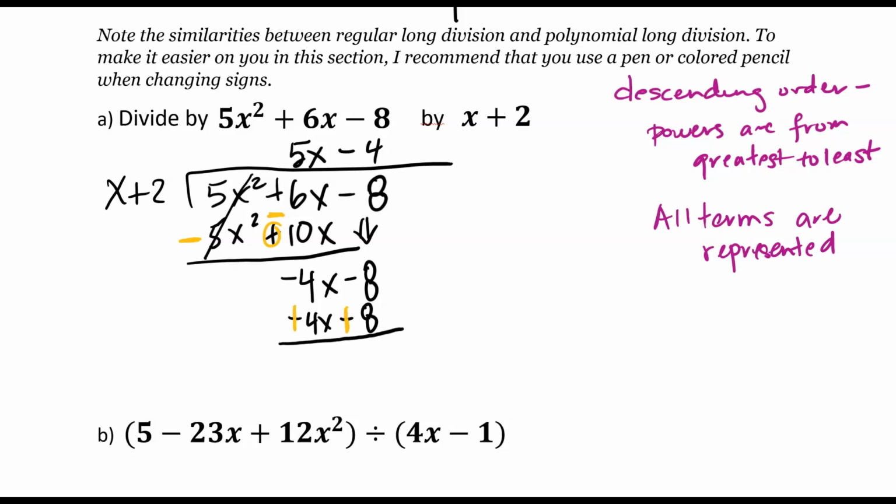So we change these signs to the opposite signs. Because if we subtract a negative 4x minus 8 and distribute that, we would get positive 4x plus 8. So that's why we change our answer to plus 4x plus 8, which gives us a 0 remainder. So our answer is 5x minus 4.